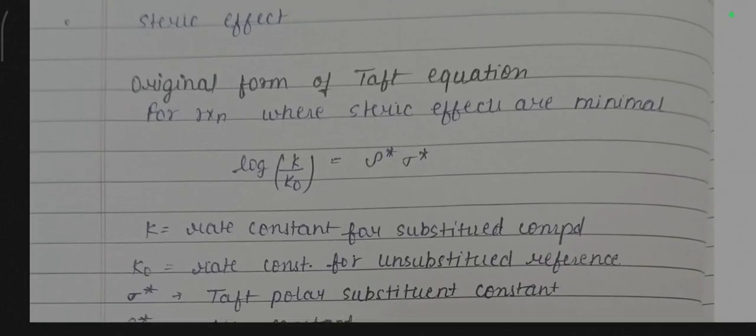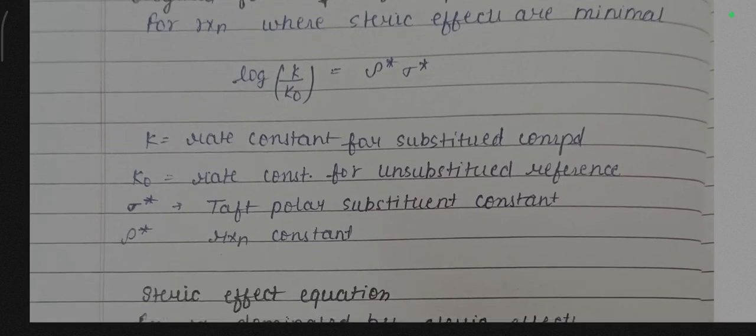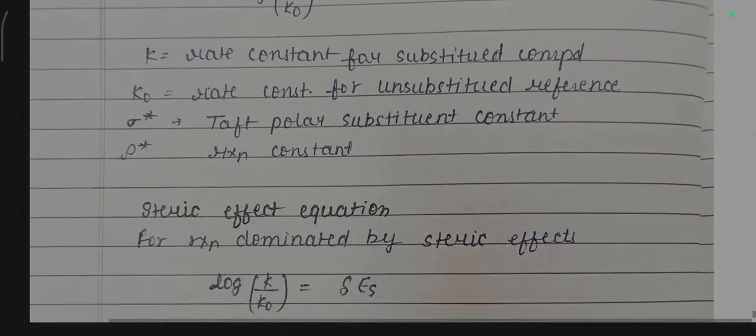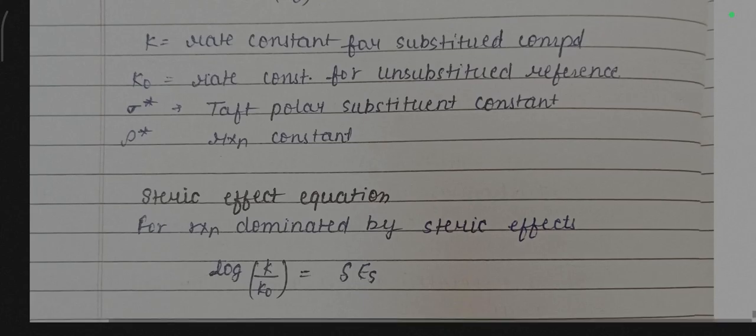Original form of the Taft equation for reactions where steric effects are minimal: logarithm of k upon k naught is equal to rho star into sigma star. K is the rate constant for the substituted compound. K naught is the rate constant for the unsubstituted reference. Sigma star is the Taft polar substituent constant and rho star is the reaction constant.